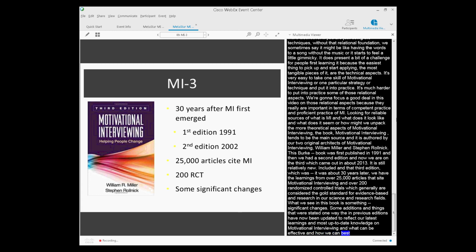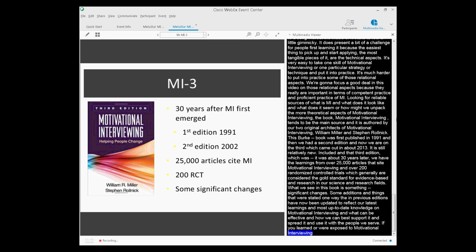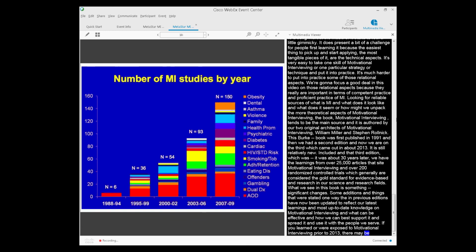So if you learned or were exposed to motivational interviewing prior to somewhere in the space of 2013-ish, there may be some things in updated motivational interviewing learning that seem new or different to you.